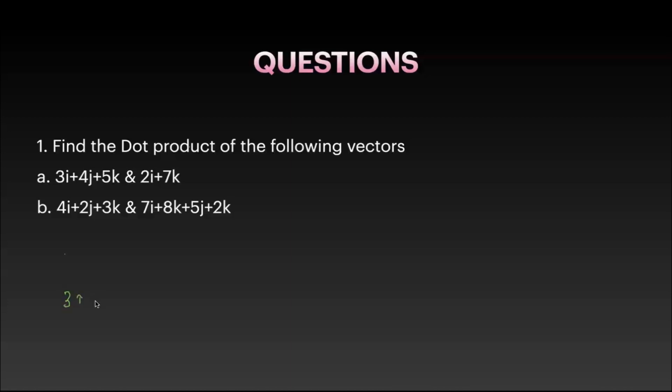3i cap, 4j cap, 5k cap. And you have 2i cap, 0j cap, 7k cap. Now, dot these two vectors.